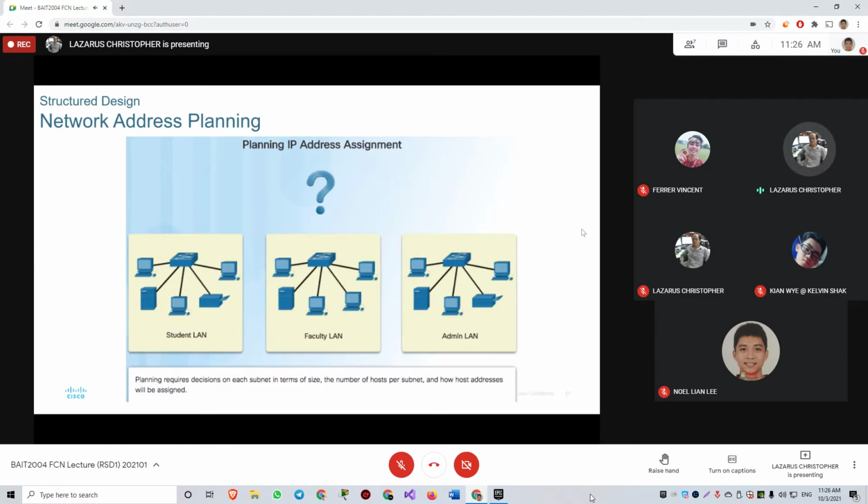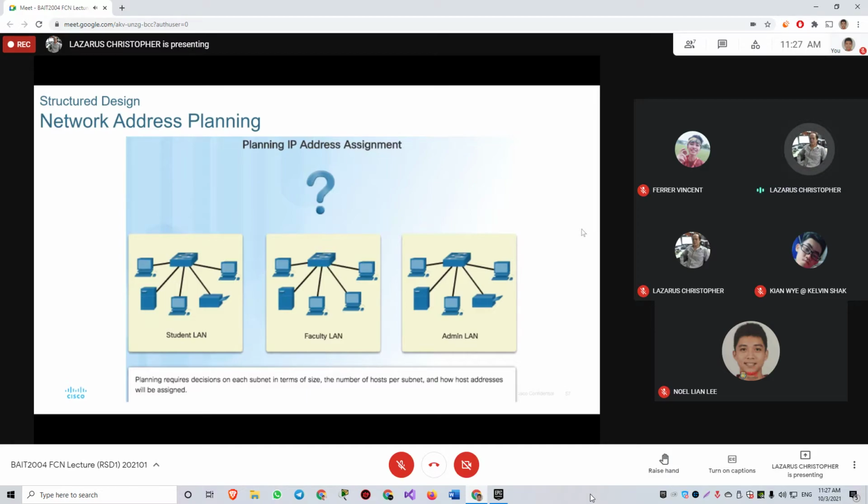Or they might already know, okay, I want to divide based on functional areas of my business. Or, for example, here the example is how you best divide to create networks in a college. They might not know anything about computing or networking, so you first ask them, what do you want to use the network for?